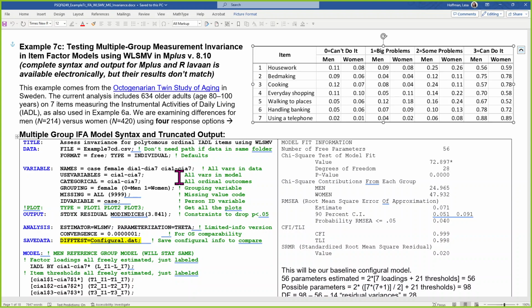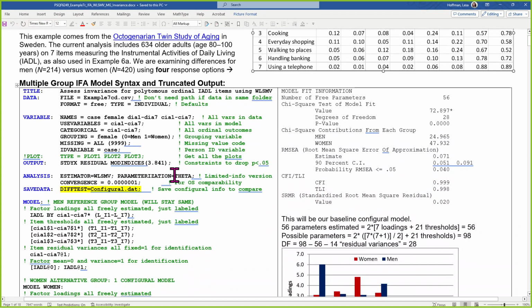If you're giving a screener instrument to try to help someone identify what kind of assistance they need, does the screener need to be different if you're trying to assess a man versus a woman? That would be an important thing to know. And you can think of a lot of examples where people's tendencies to display what they can do might differ as a function of some other contextual variable. So I think this has a lot of real-world implications.